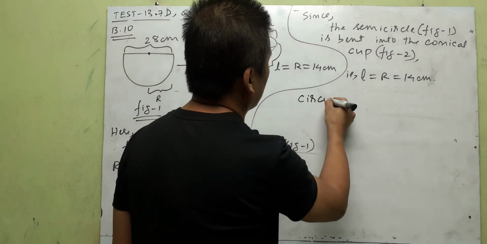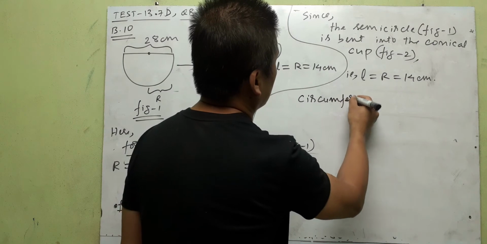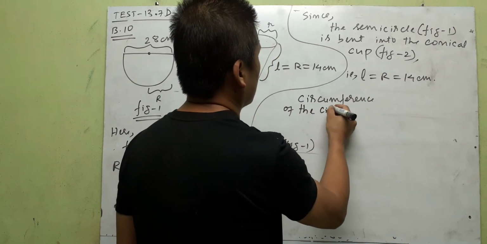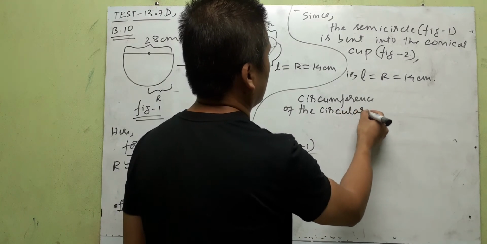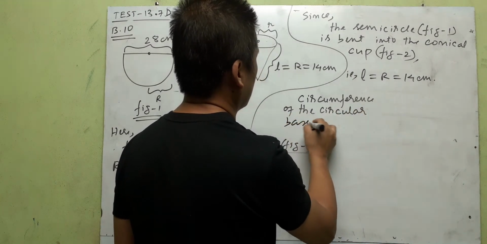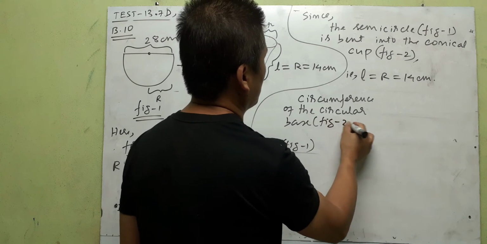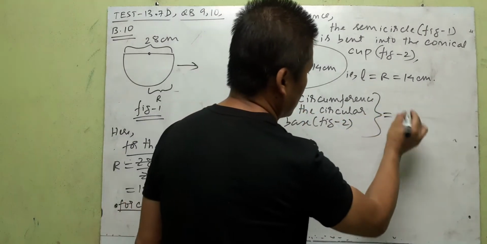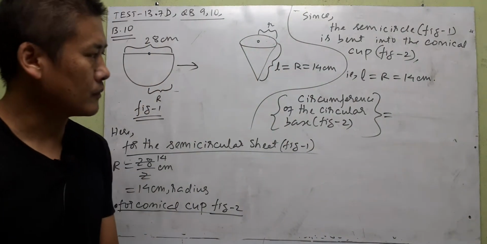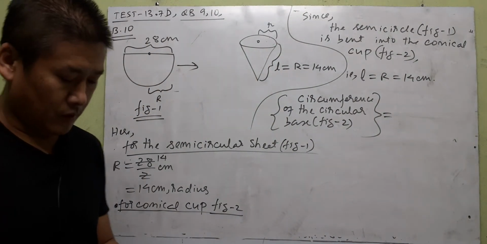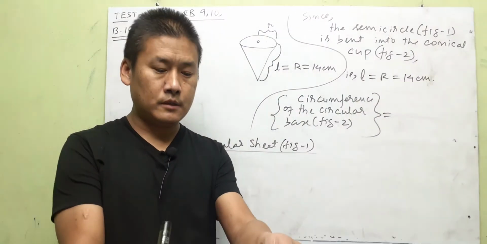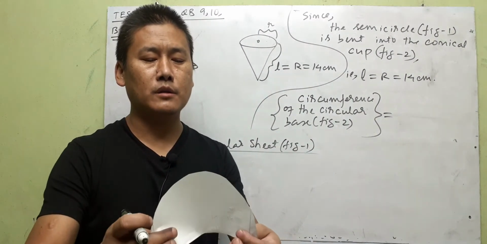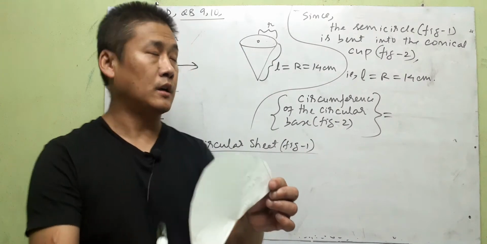circumference, just write it down first, circumference of the circular base, that of figure 2 I'm talking about, will be exactly equal to, write it down and look here. Before you bend it was like this. When you bend into the cone, this part we have known. Now when you bend into a cone, what happens to this curve, this arc of the semicircle?